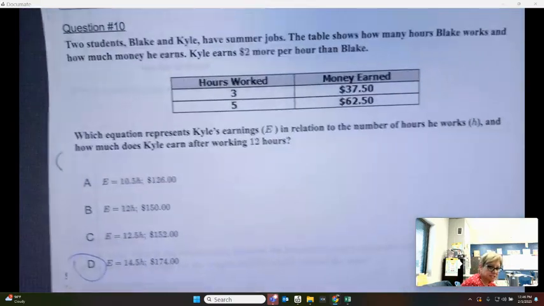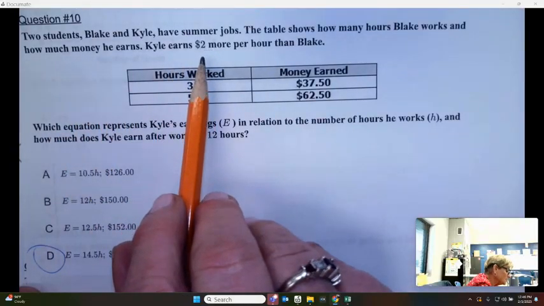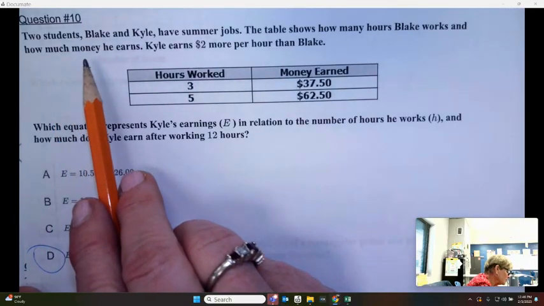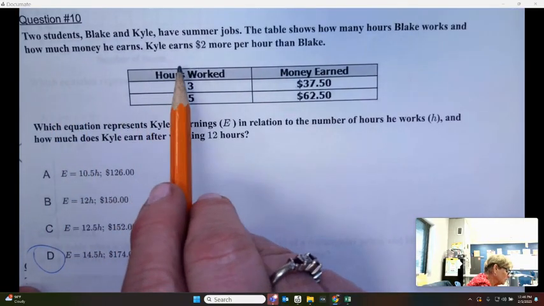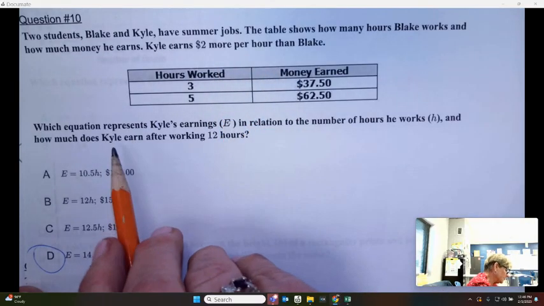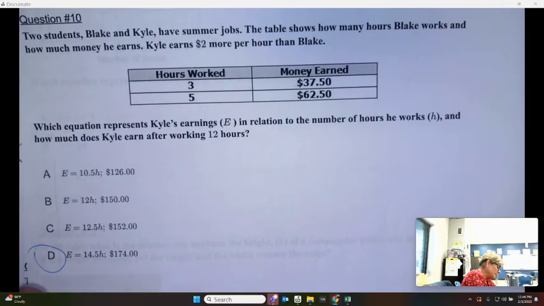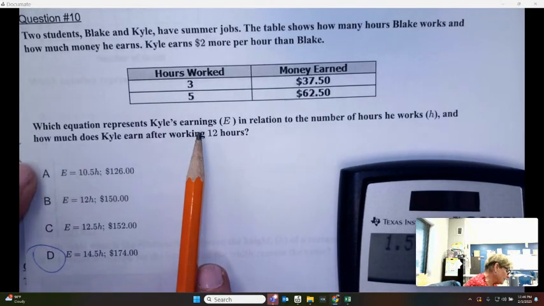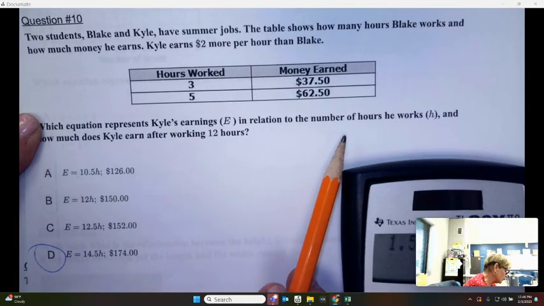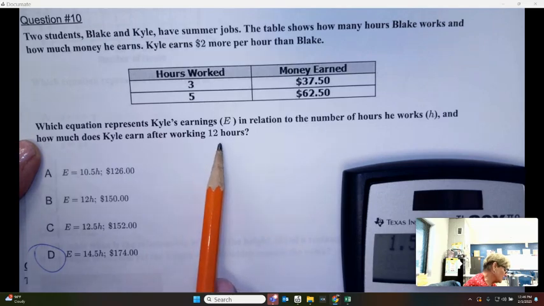All right, let's look at number 10. 2 students, Blake and Kyle, have summer jobs. The table shows how many hours Blake works and how much money he earns. Kyle earns $2 more per hour than Blake does. So these are Blake's hours. It says which equation represents Kyle's earnings in relationship to the number of hours he works, and how much does Kyle earn after working 12 hours.